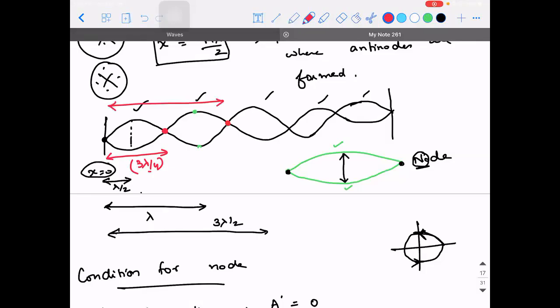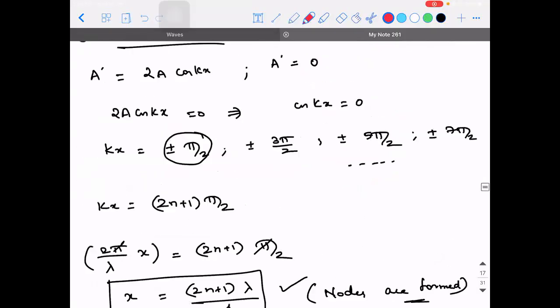If you put n is equal to 2, two n plus 1 into lambda by 4, n is equal to 2. You have the equation.